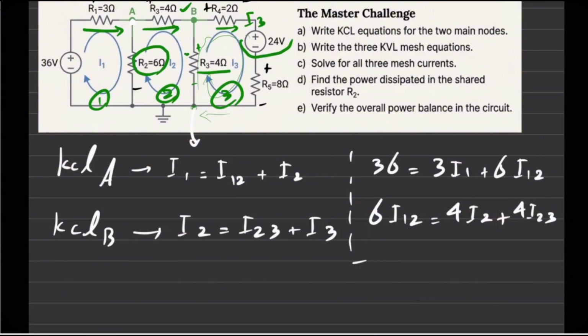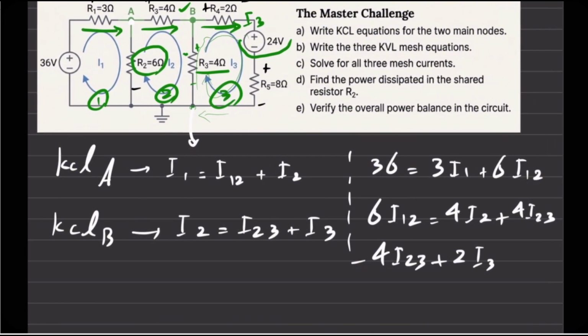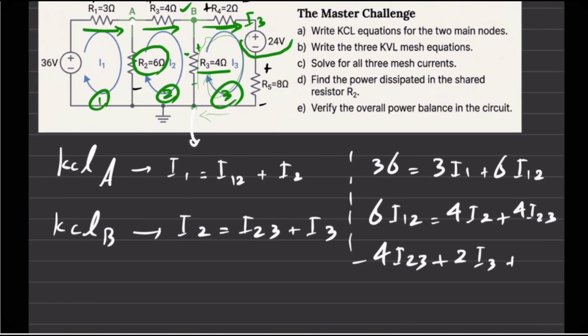This guy is going to be 4 times I23, in the same direction. Then I have to move to this side. So at this point, plus, because of the sign of R4, 2 times I3. Then I have the plus sign for voltage, plus 24 volt, plus 8 times I3 equals 0.